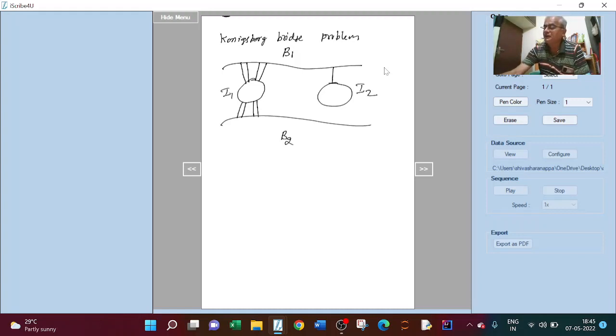There is a bridge connecting B1 and I2, one more bridge connecting B2 and I2, and one more bridge connecting I1 and I2.